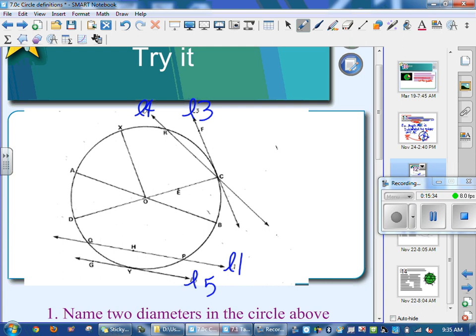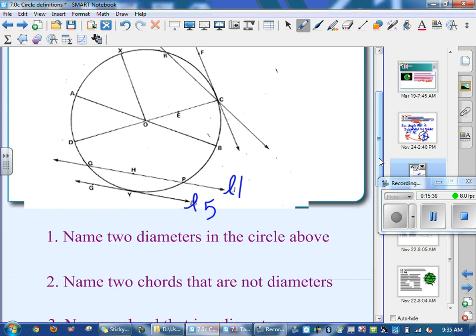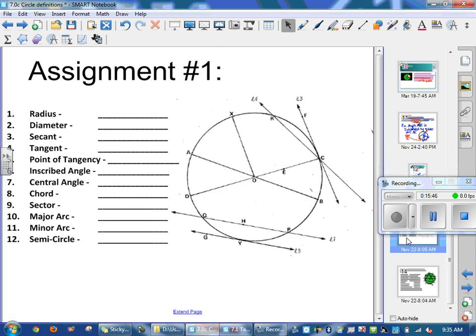Do this for homework, and we'll get back to this one another time. This one's not photocopied very well, but these ones are. Let's try this one. This is actually the exact same thing, but I made it bigger for you. So this is L4, L3, L1, L5.